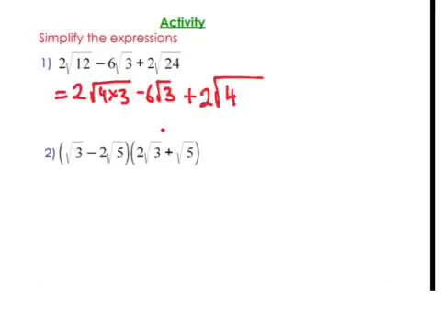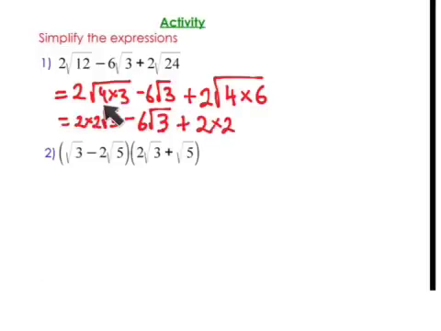By doing so, we will get something along the lines of this, and then we can take the square root of our squared numbers inside here, there and there, and here we've got two common surds there that we're going to subtract. Very good, so that's 4 subtract 6 to give negative 2 root 3 plus 4 root 6.